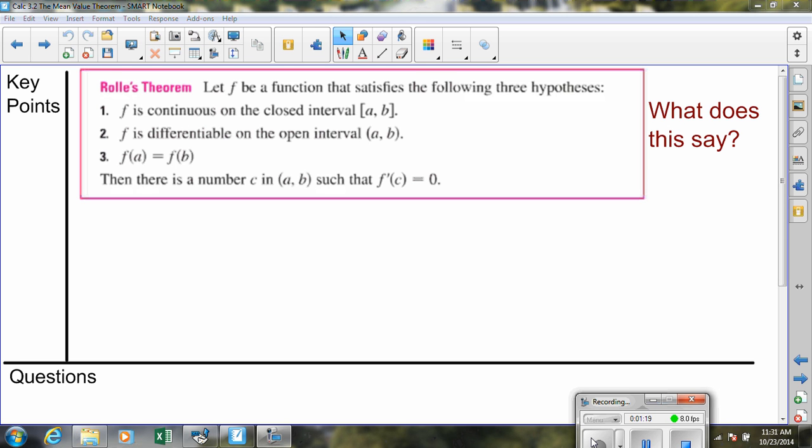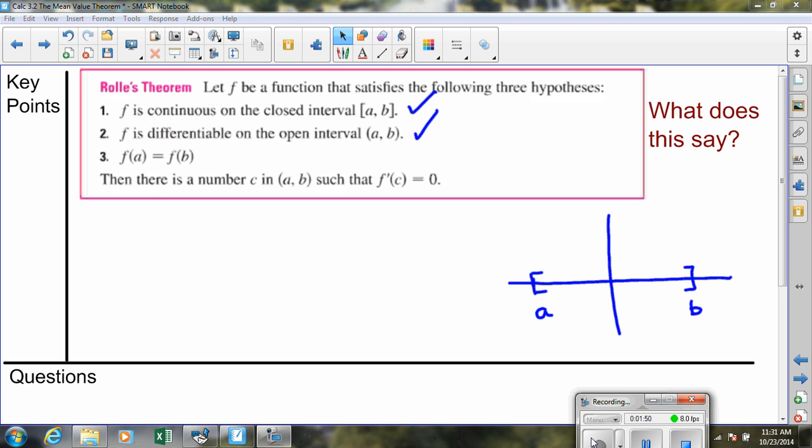Well, when we're looking at this, we are being told, first of all, we have a function over a closed interval from A to B. We are also told it is a differentiable function. Since it is differentiable, we know that there are no holes, there are no gaps, there are no sharp corners. It's something smooth.